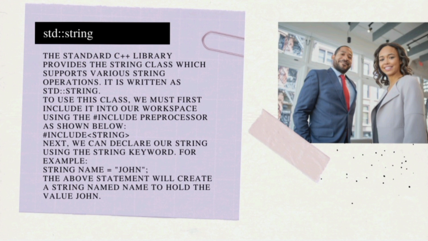Std string. The standard C++ library provides the string class which supports various string operations. It is written as std::string. To use this class, we must first include it into our workspace using the include preprocessor as shown below: #include <string>.